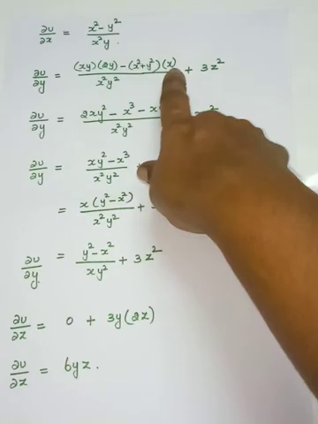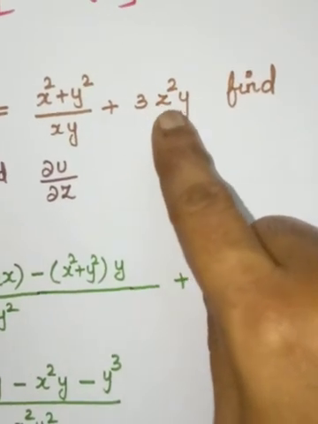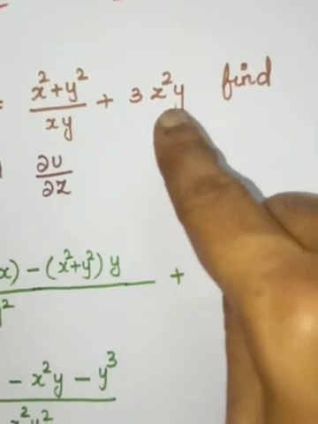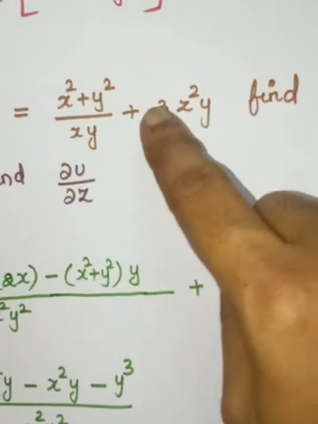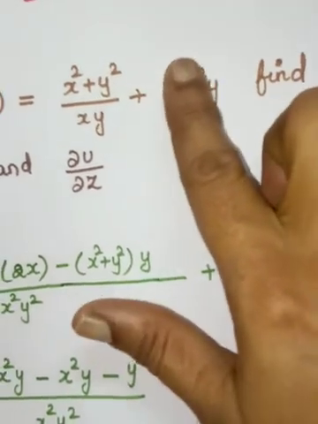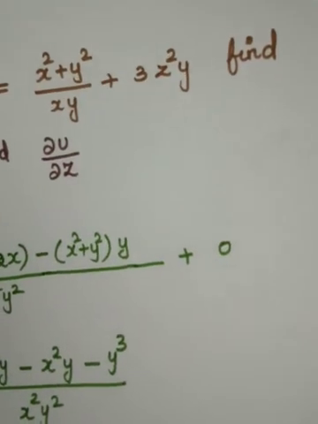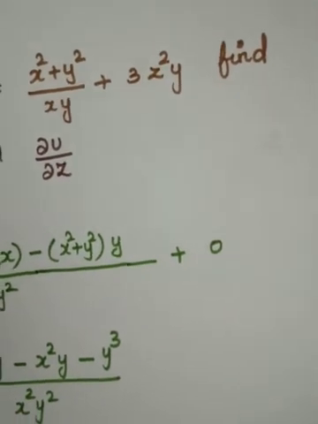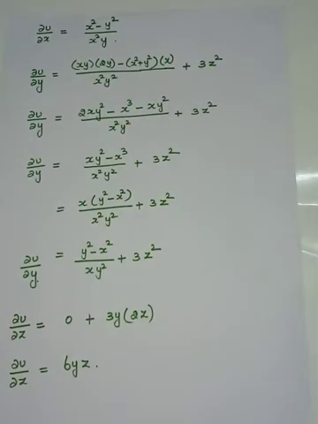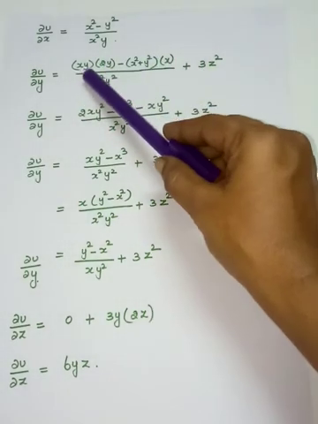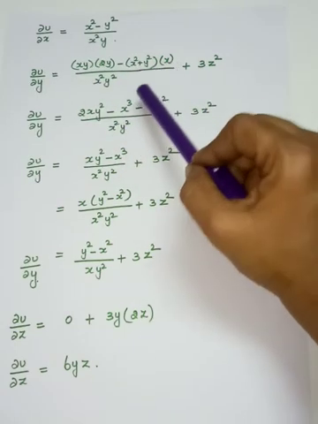So here you are having this, and come to the second term. What you are having here? 3z squared y. So this term involves y. Here in this term, what is the constant? 3z squared. If it is taken out, what is remaining? y. So when you differentiate y partially with respect to y it is 1. So it is 3z squared. Now we have to do the simplification. So it is 2xy squared minus, when you multiply, this is x cube.